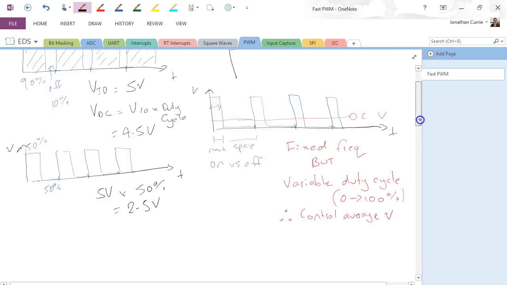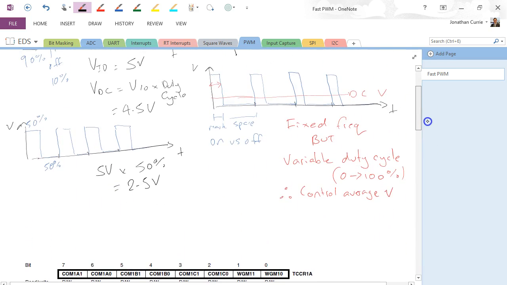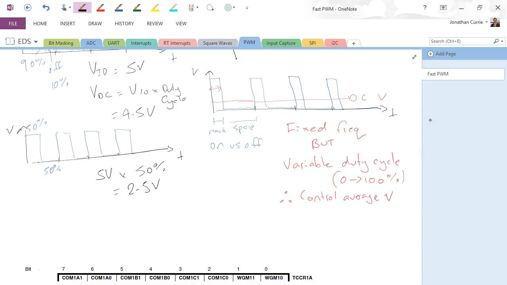But how do we get our timer to generate PWM? Well, what we can do is, remember, our timer is doing something like this, counting up and then resetting itself back down again. Now we're not using CTC mode.